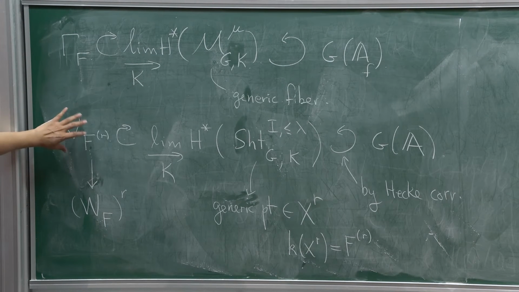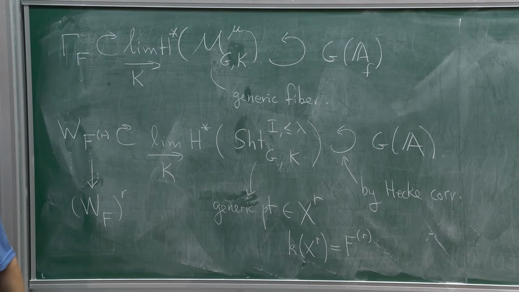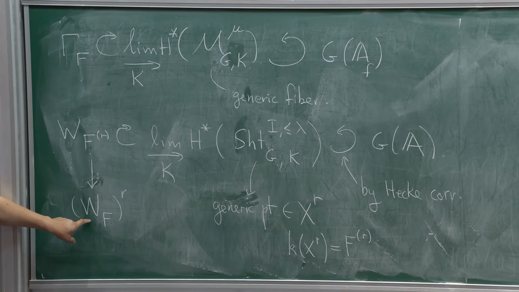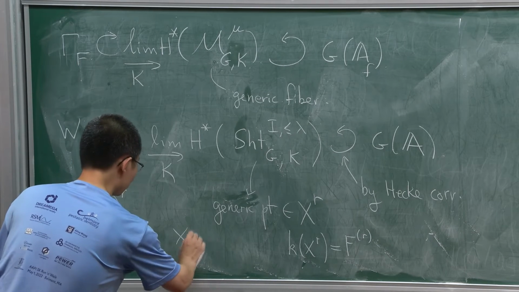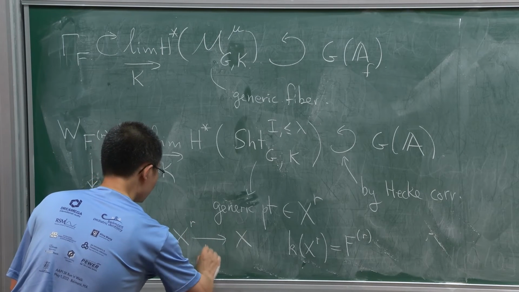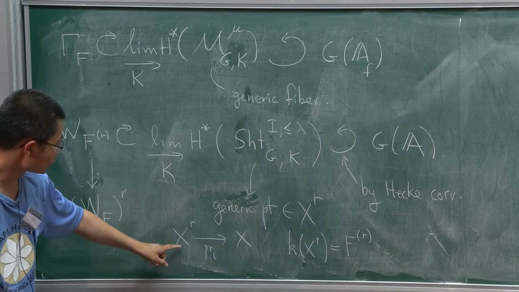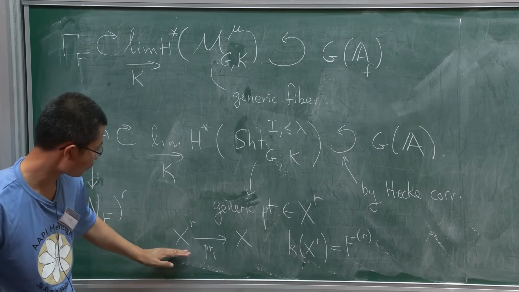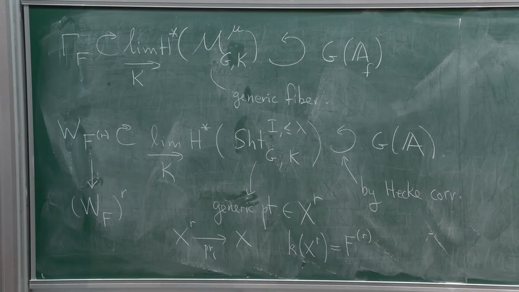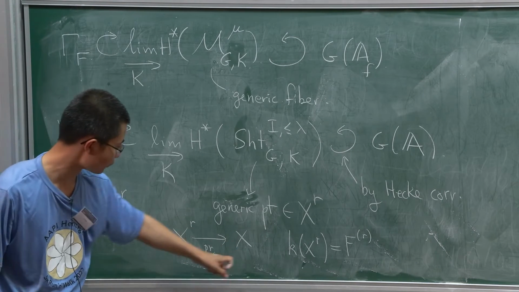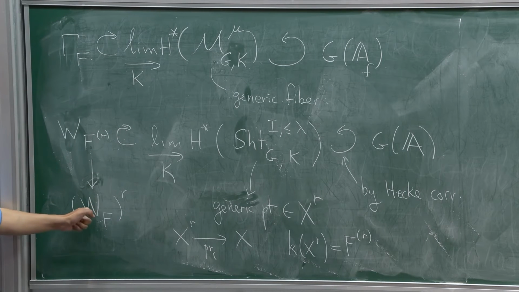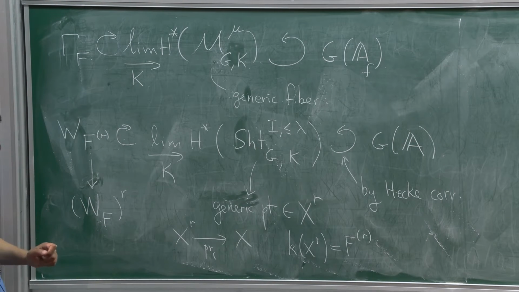It's not directly related to Langlands program, because its transcendence degree is bigger than 1. But it maps, by functoriality of pi 1, each projection induces a map on fundamental groups and on the absolute Galois groups of function fields. So we do have r different projections to the Weil group of a single F.